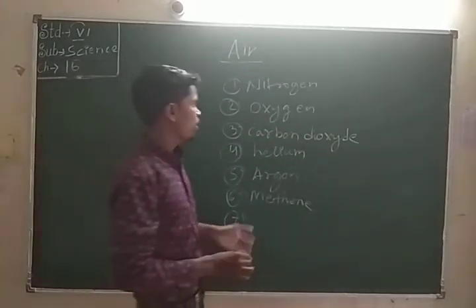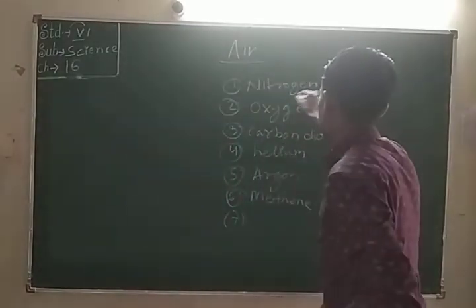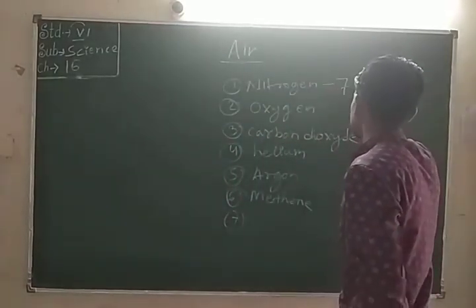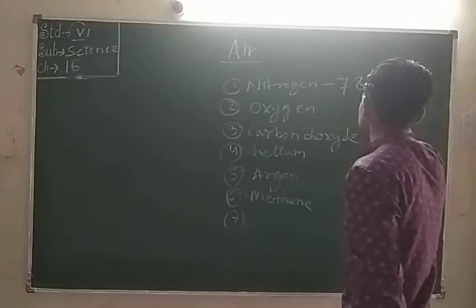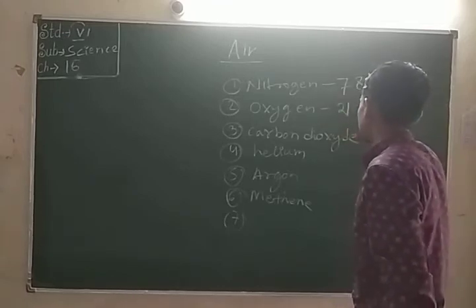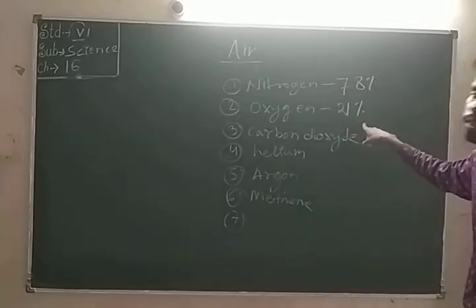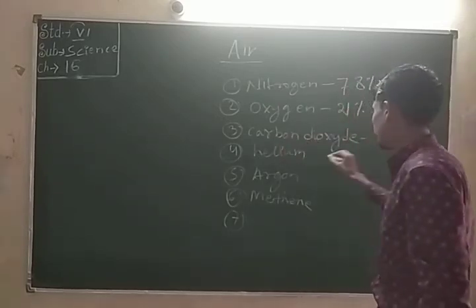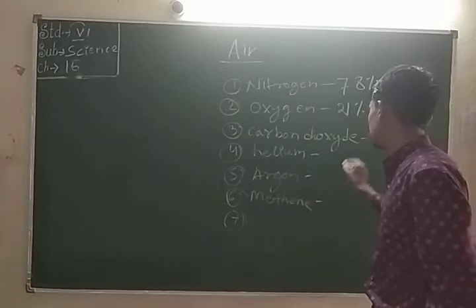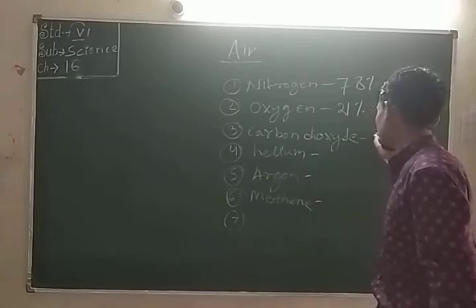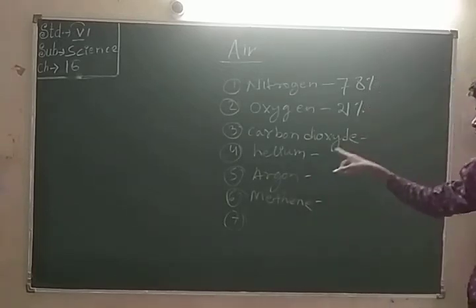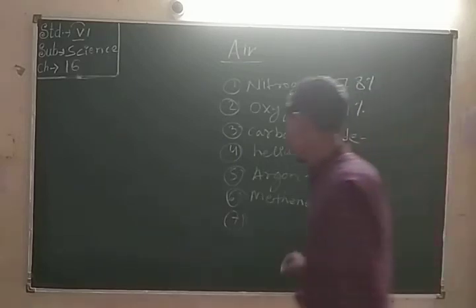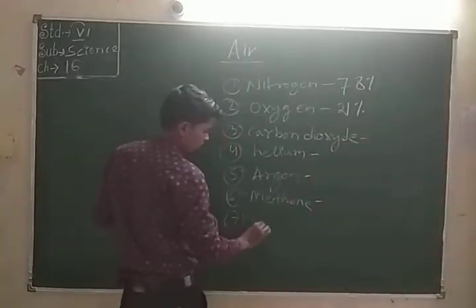Okay, so mainly the gas nitrogen is present in air at 78% and oxygen at 21%. Carbon dioxide and other gases are present at only 1%, like 0.something, and air also contains water vapor.